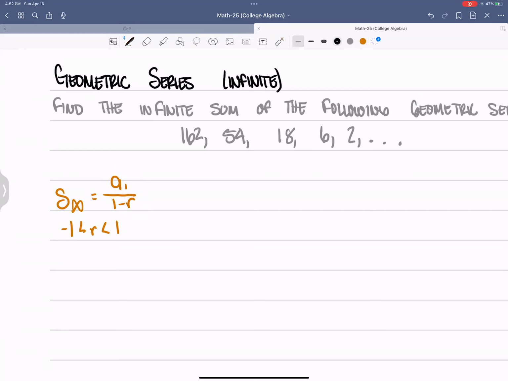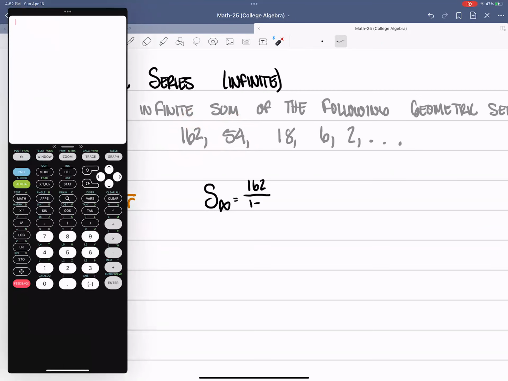So let's find our infinite series. S sub infinity is equal to a1, which is 162, over 1 minus r. R in this case, let's see, 54 divided by 162 looks like 1/3.